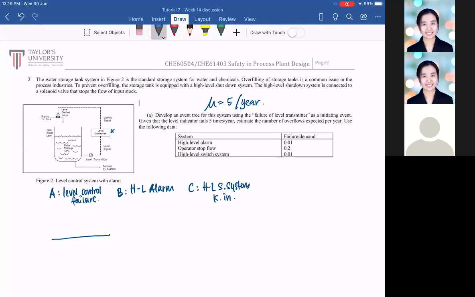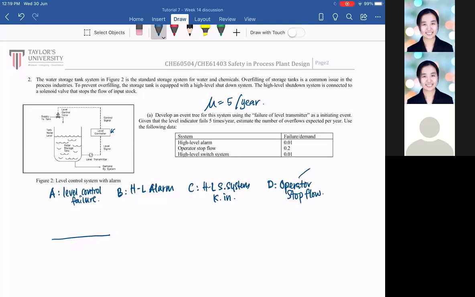Okay. If let's say this fails, the next one is where we have our operator to stop flow.